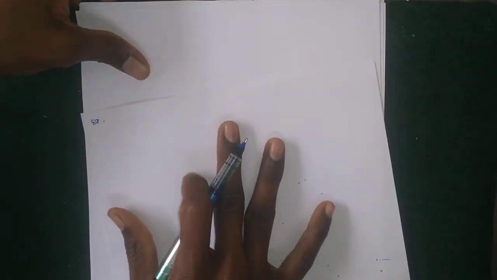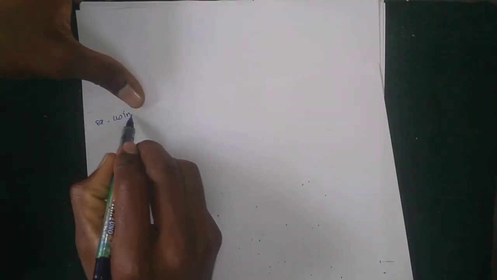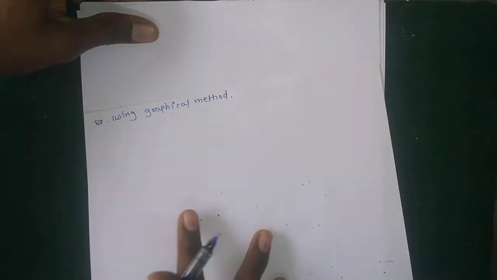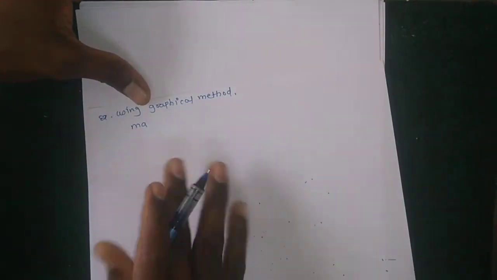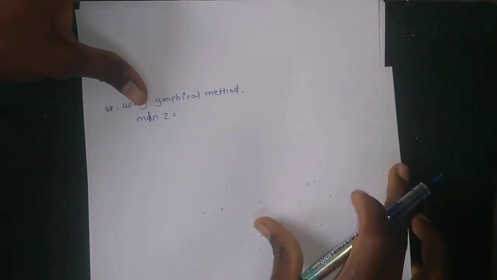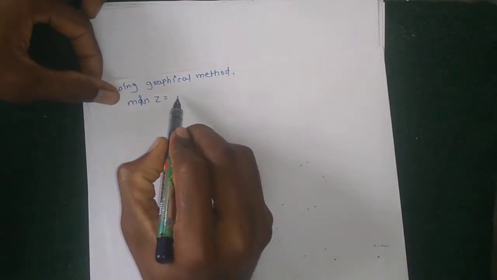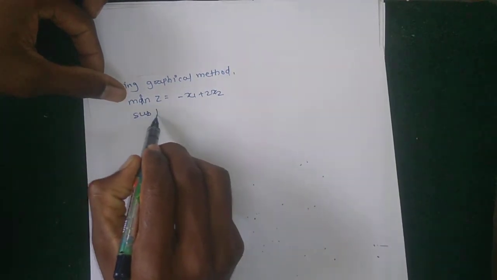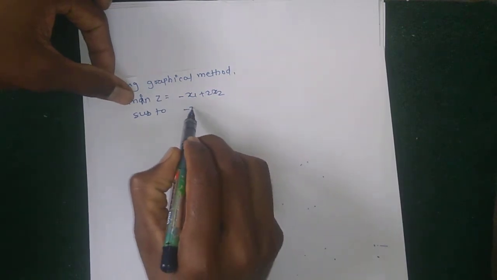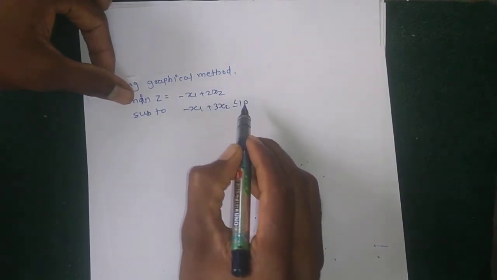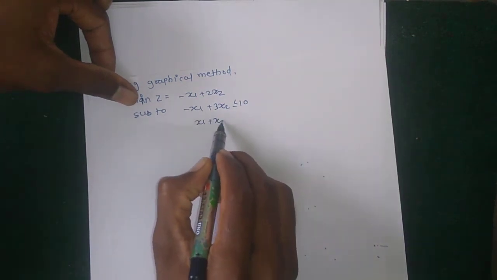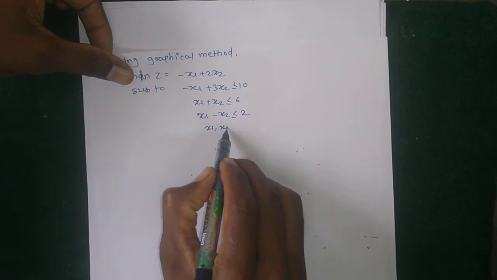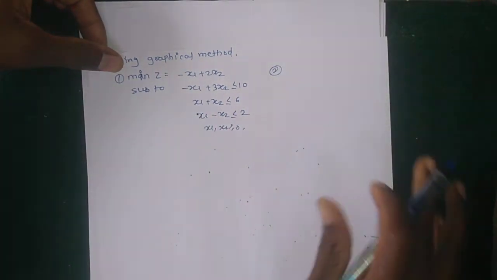Example: using graphical method, minimize z equals minus x1 plus 2x2, subject to minus x1 plus 3x2 is less equal 10, then x1 plus x2 is less equal 6, then x1 minus x2 is less equal 2, and x1 and x2 are greater equal 0. This is one example. Then second example.